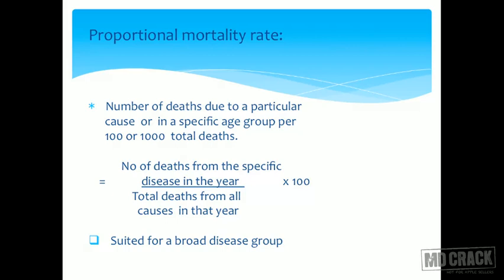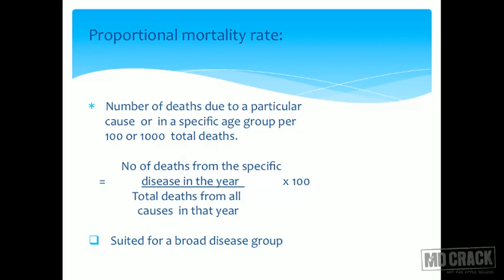Say you have an epidemic of cholera in a village whose population is 1000. Okay, so I say in the year 2012, 50 people died in that village. So that 50 becomes the denominator. Out of that 50, cholera was so severe that 40 people died out of that 50 from cholera. So 40 becomes the numerator. 40 died because of the cholera divided by 50, that is the total number of deaths.